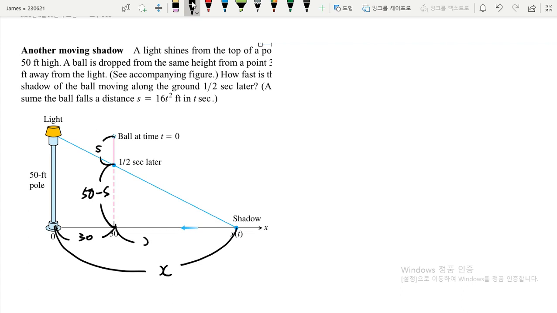Let's make the proportion using these similar triangles.